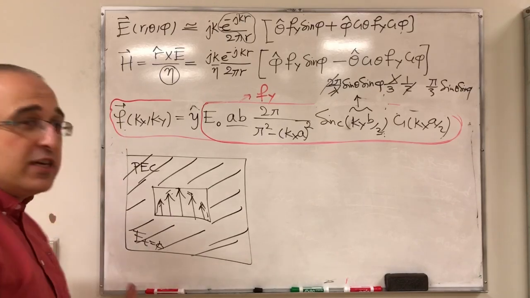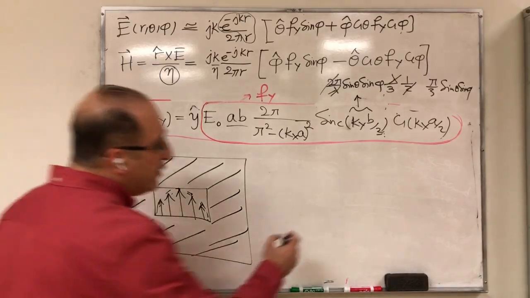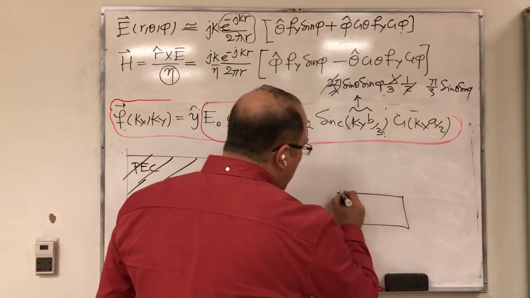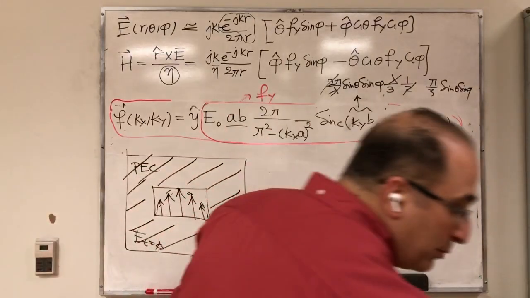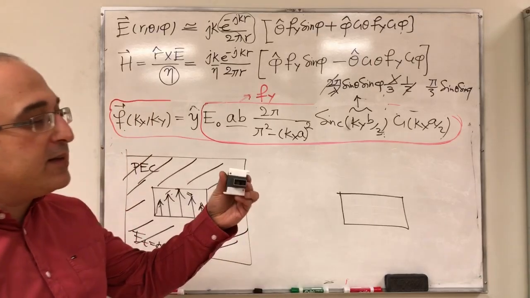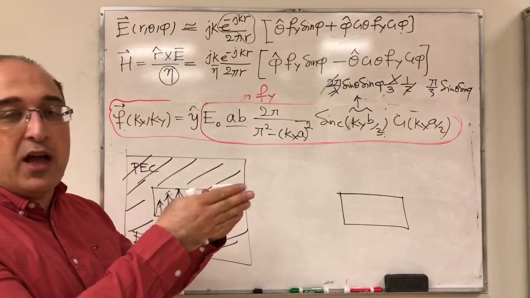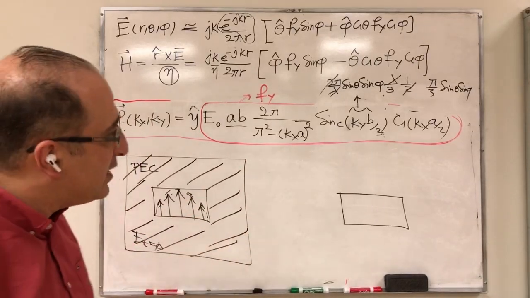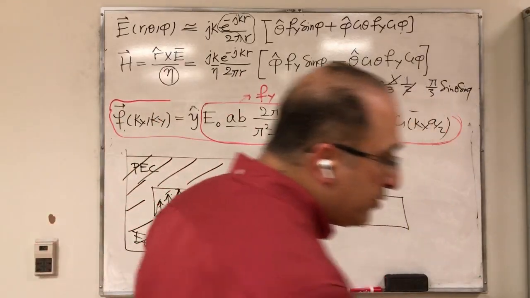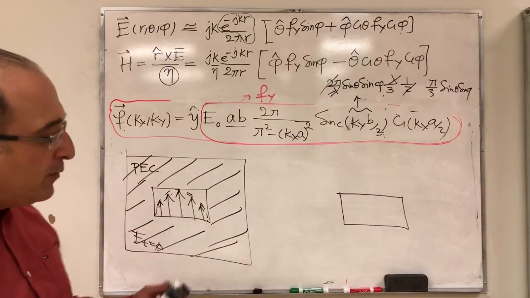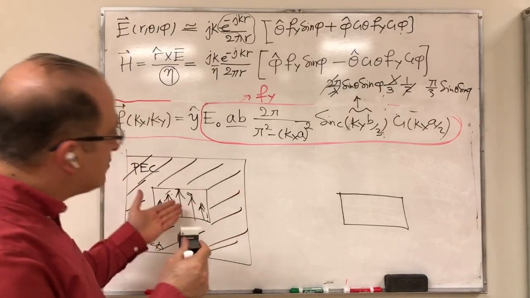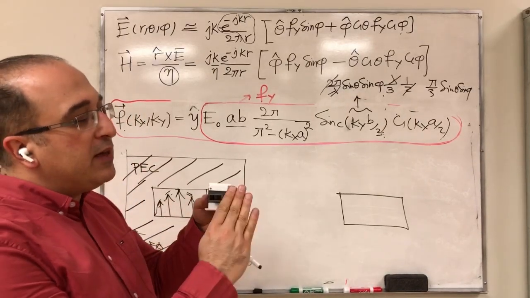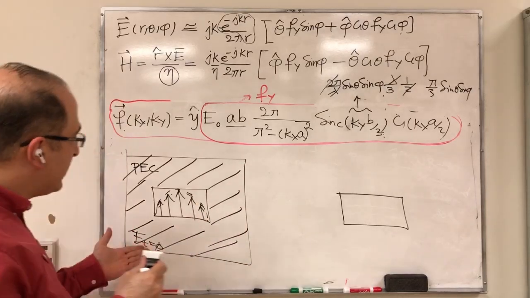Now, my question is, what's going to happen if we just have the open-ended waveguide antenna and we don't have anything? That means we would like to operate it just like that, without mounting it on the PEC. When it comes to this calculation, one thing you could do is to assume that the field here is essentially the same as before, and then you assume the field everywhere else is 0, exactly like that.